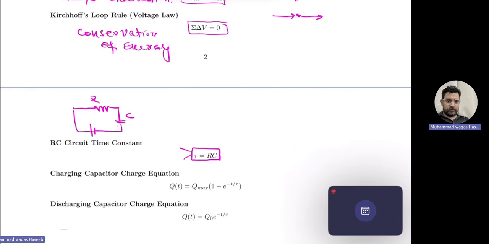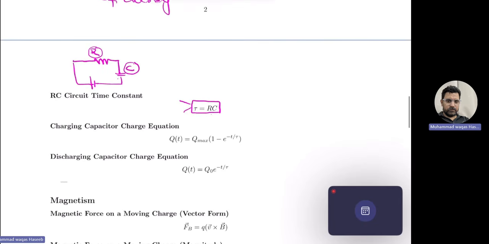So this has a unit of time, which is R, the resistance, times C, the capacitance. Charging of a capacitor is calculated by this expression, where Q naught is the maximum charge, t is time, and tau is the time constant.